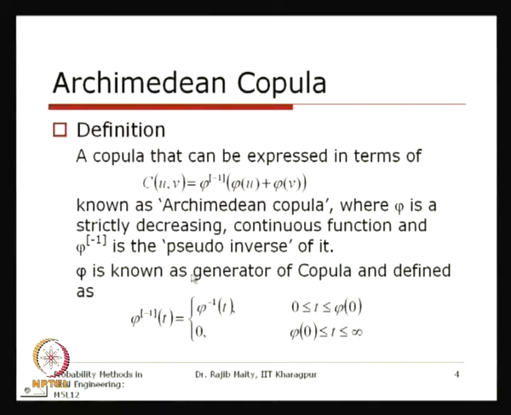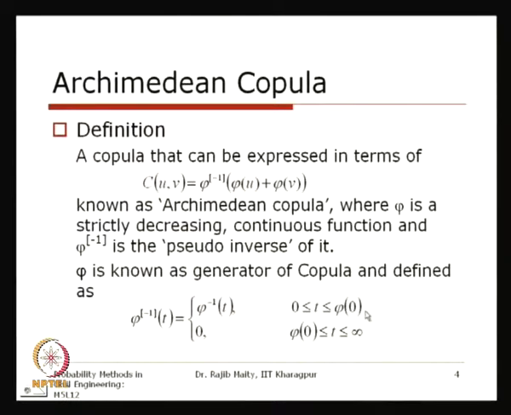The pseudo inverse of phi, applied to phi u plus phi v, is explained in this form. The pseudo inverse equals the ordinary inverse function, written with -1 without the straight bracket, as long as t is between 0 and phi 0.